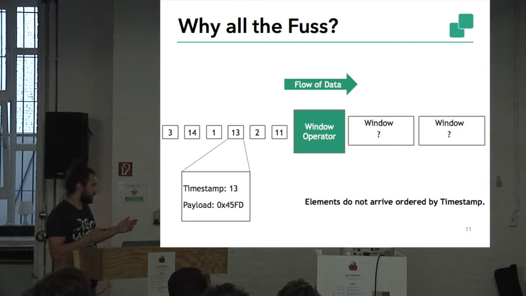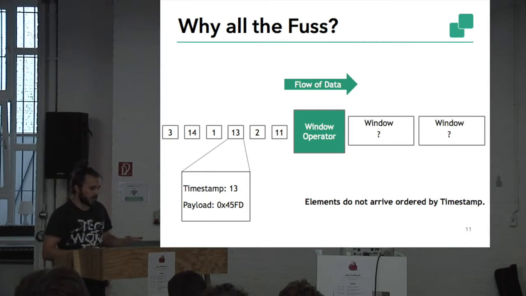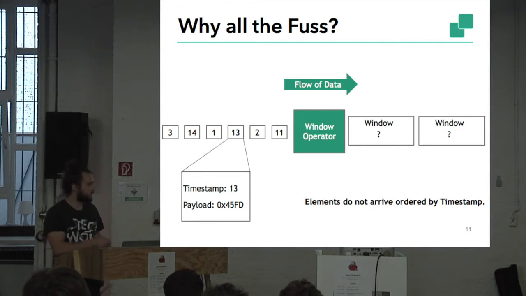And the problem is now, let's say you have a stream of incoming elements, and each element has a timestamp, which is maybe the time at which the user clicked something on a website. This could be the timestamp. And then it has a payload, which is just some random data.